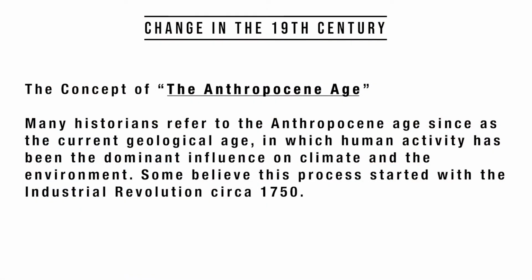The second concept that I want to discuss is the concept of the Anthropocene. The Anthropocene is a new term for the period of time that we're living in. Essentially, it means that we've come to the point in human history where we dominate nature. This, many historians believe, started around the time of the Industrial Revolution, 1750.